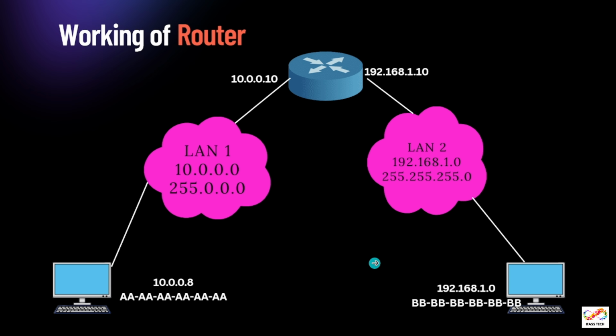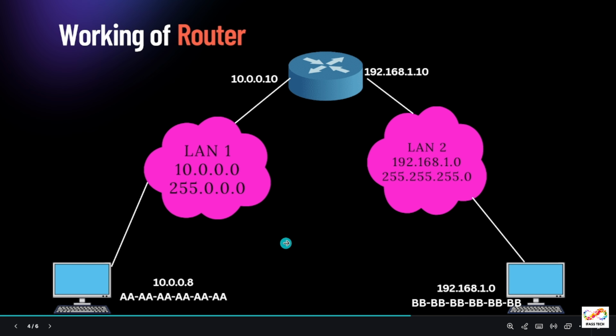The default gateway for the PC in network 2 will be 192.168.1.10. So the process is: the PC sends the packet to the router interface of its own network, the router checks the routing table, and the router forwards the packet to the other network, where the destination receives the packet. This is the core job of a router, receiving a packet from one network and forwarding it to another network.